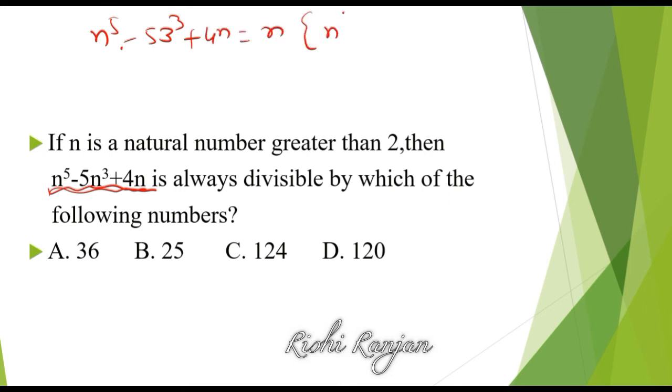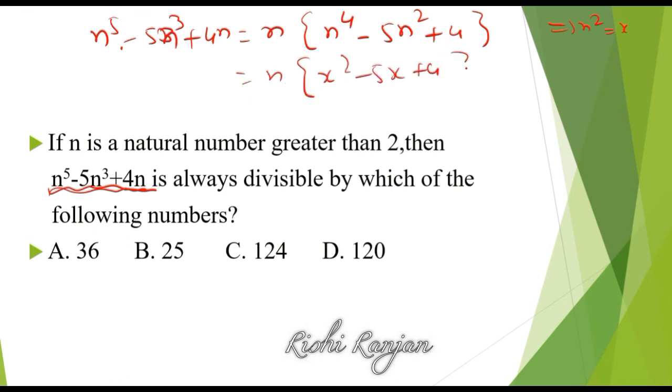It becomes n^4 minus 5n^2 plus 4. If I take n^2 equal to x, then I'm getting x^2 minus 5x plus 4, which can be written as (x minus 4) into (x minus 1). And then I'm putting the value of x here: (n^2 minus 4) into (n^2 minus 1).